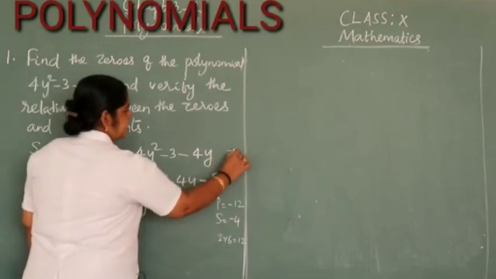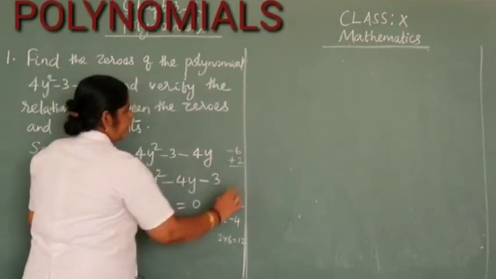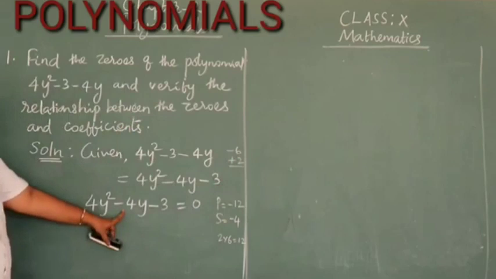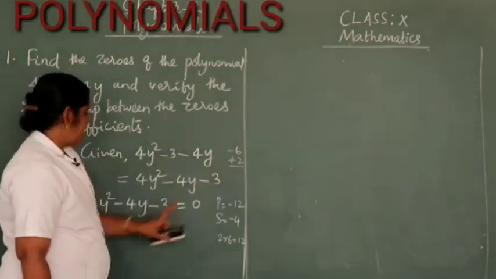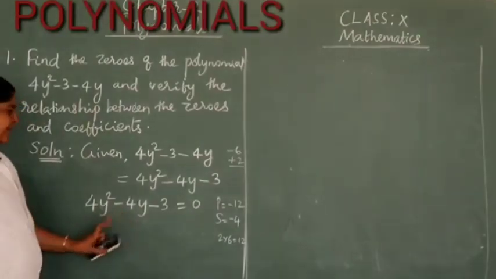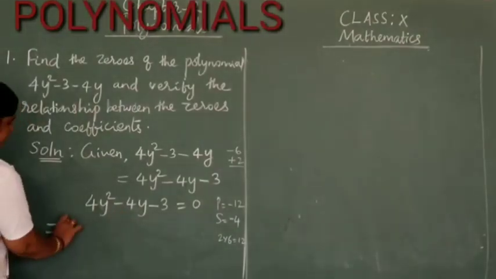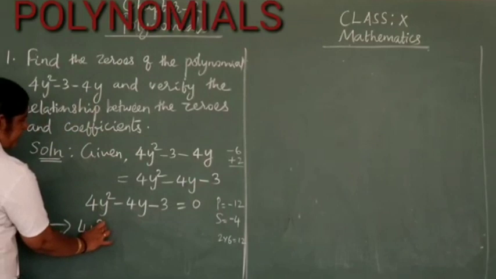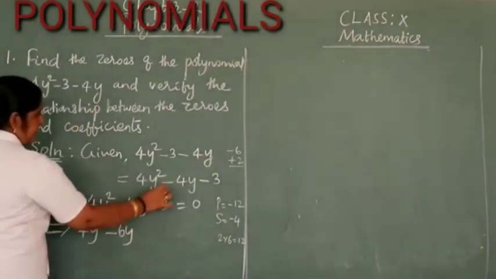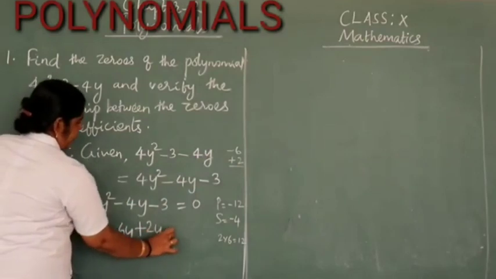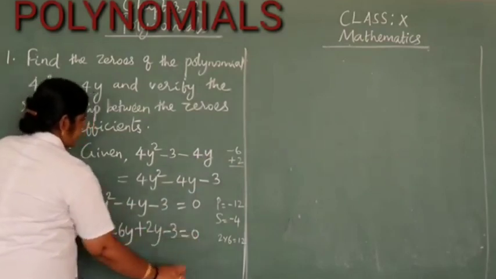So minus 6 and plus 2 will give you the sum minus 4 and product minus 12. So using these two numbers, we are going to split the middle term. So this implies 4y square minus 6y plus 2y minus 3 equal to 0.